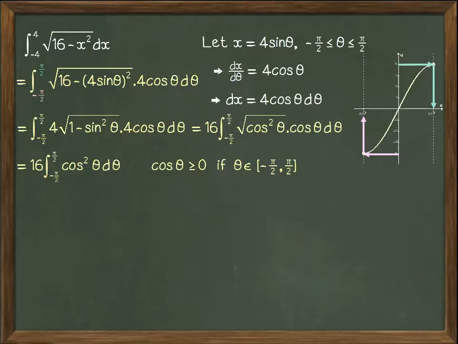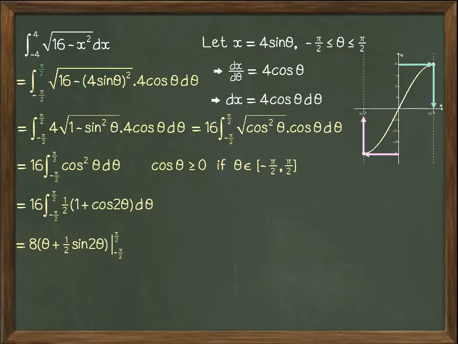To integrate cos squared theta, we use the power reducing formula, a half times 1 plus cos 2 theta d theta. And we can now integrate this to give me 8 theta plus a half sine 2 theta, but this must be evaluated between minus pi over 2 and pi over 2.